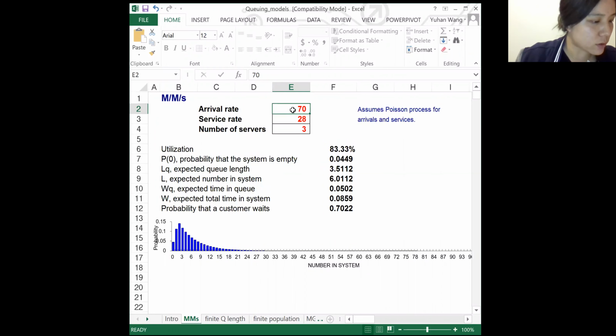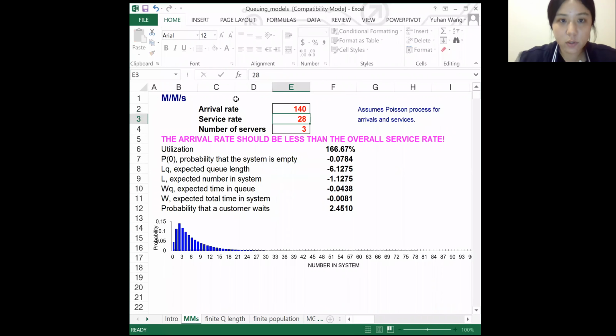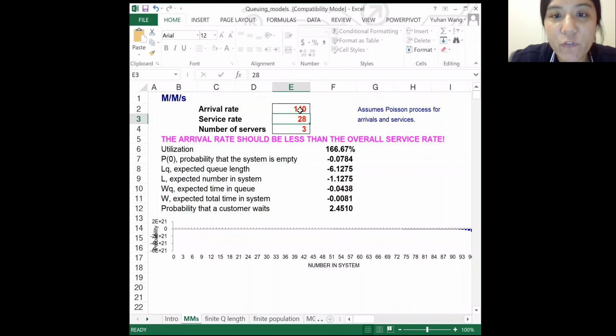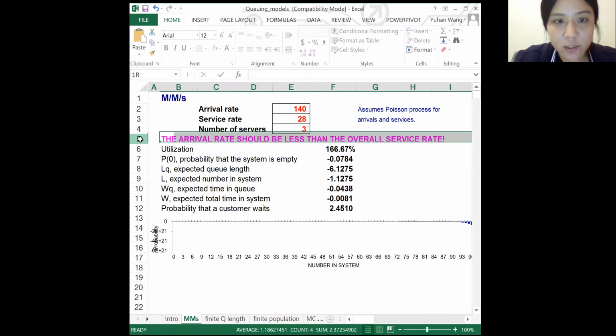We put the arrival rate 140 here, and we found this line, right?